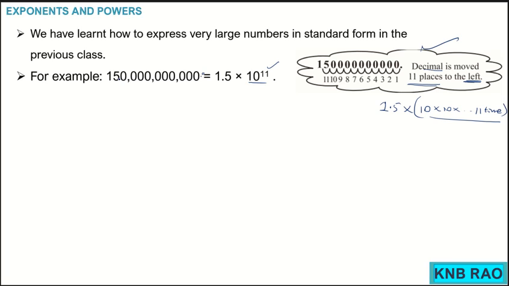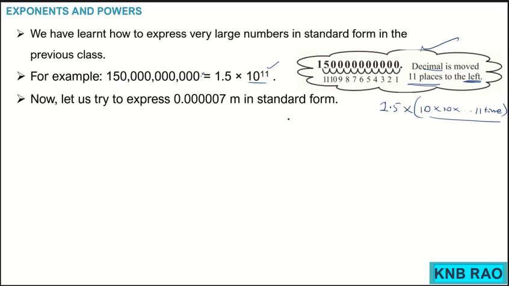So expressing a very large number in standard form, and a very small number. How can we express a very small number in standard form? Here, 0.507 meter, if you want to express it, you will adopt this procedure. 0.507 can be written as 7 upon 10 lakh, and this 10 lakh can be written as 7 upon 10 to the power 6, because 10 lakh contains 6 zeros after 1.